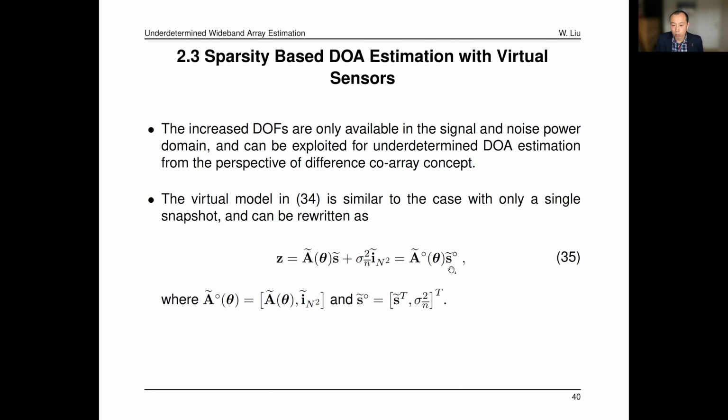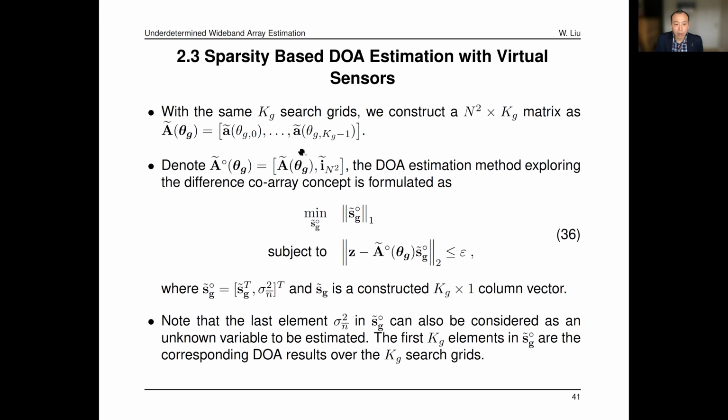Then you can construct this using a search grid of size KG, a big value of KG, and construct an N squared times KG matrix. This new steering matrix is the overall complete virtual steering matrix.